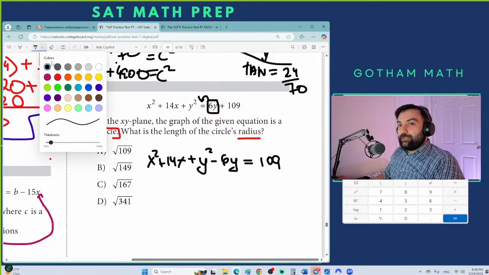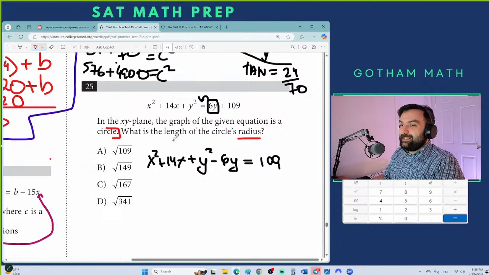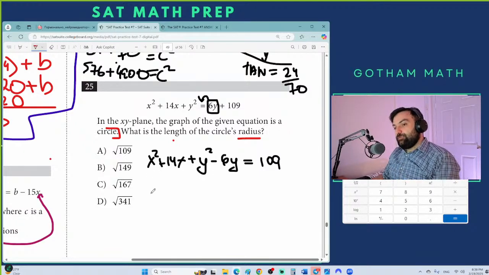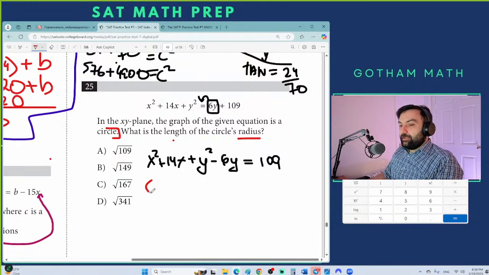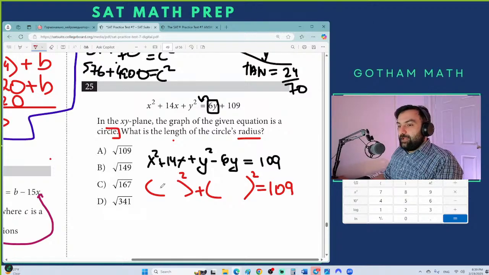Now I do something that's called the completing the square method, but in reality I actually showed a shortcut before. You create two parentheses squared, and inside those parentheses you put x and half of the b value, so plus 7. Over here you put y and half of the number there, so minus 3.